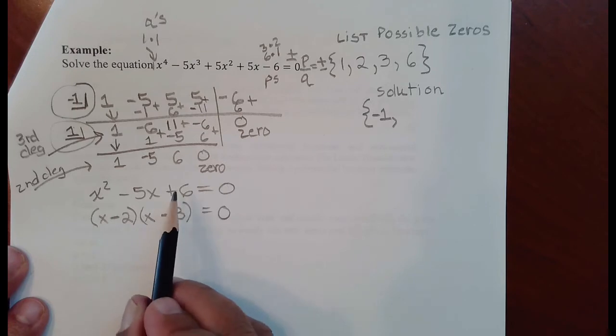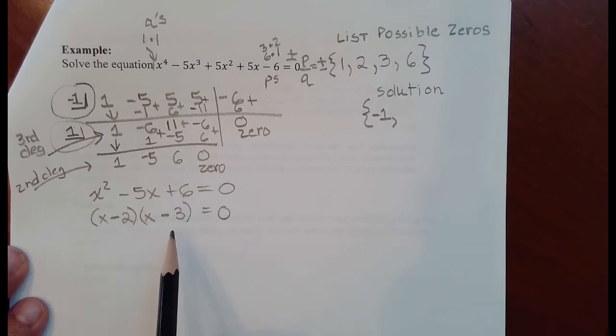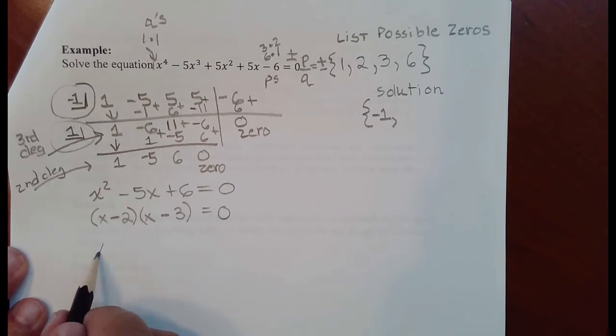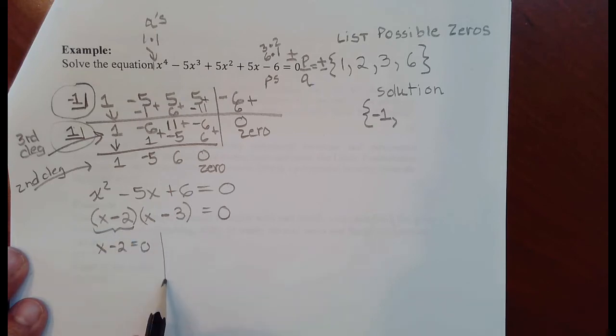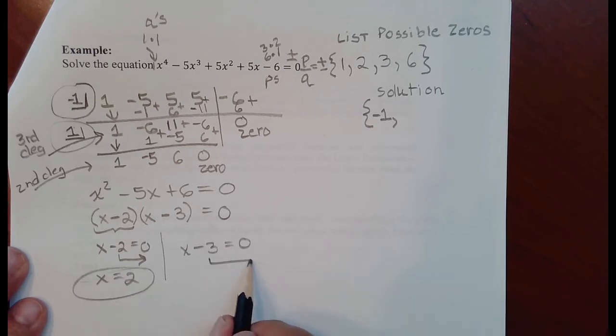Negative 2 times negative 3 is 6, but negative 2 plus negative 3 is negative 5. Okay, creating little baby equations out of each of these factors. Using this factor set equal to 0, we'll get one solution. Setting the x minus 3 equal to 0, we'll get another solution. This gives us 2, and this gives us 3.